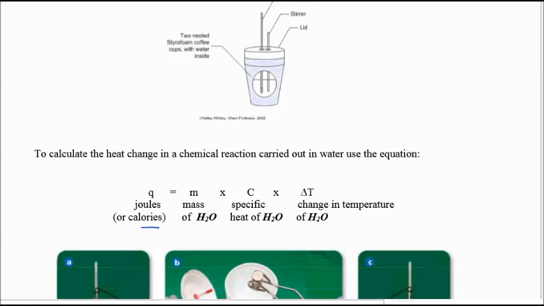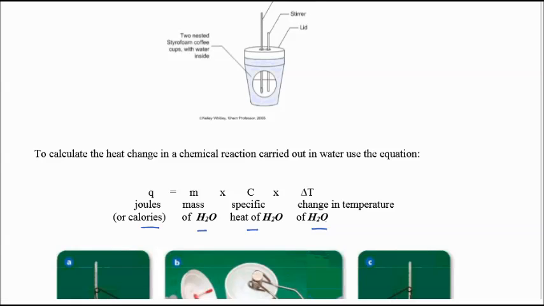Q, or joules, is equal to, but this time, the mass of the water in the calorimeter times the specific heat of water, which we can find in table B, and the change in temperature of the water. So we don't need to know anything about the object. We just need to know about the water in the coffee cup.